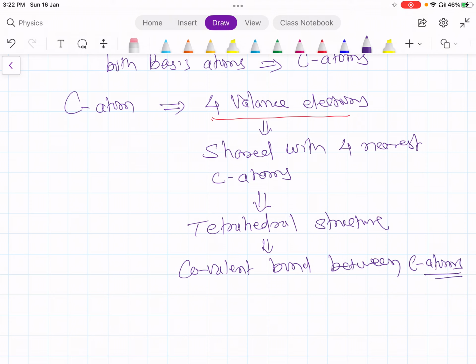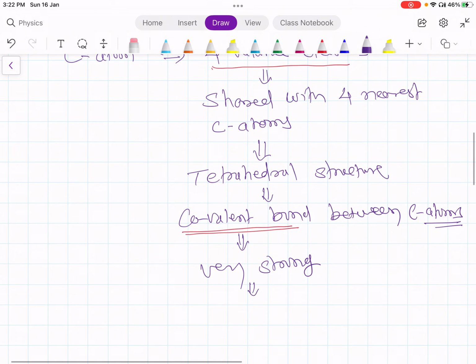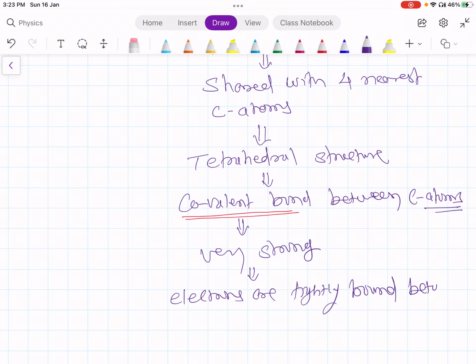This covalent bond is very strong because in this case electrons are tightly bound between the carbon atoms.